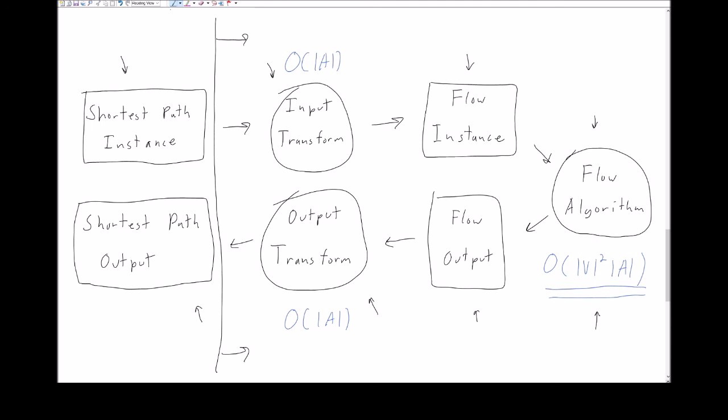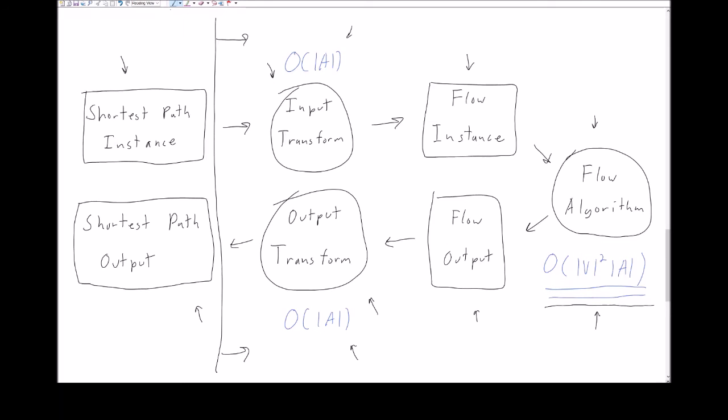Although we didn't mention this, it is something we could look up. The algorithms required to transform our input and our output both run in the number of arcs time. In total, this tells us that our time is dominated by the flow algorithm, and so the running time of this algorithm is order V squared times A. So we have an algorithm that runs in this time for the shortest path problem.